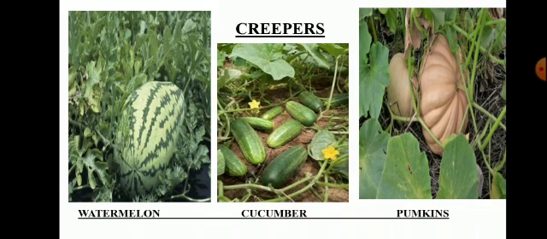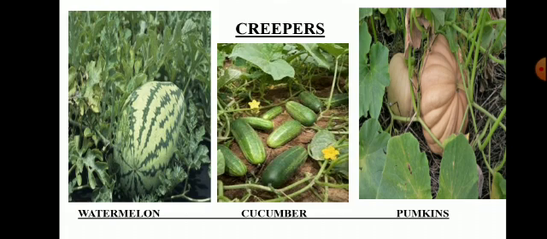Instead they spread on the ground, only on the ground, not straight. Some common examples: watermelon, cucumber, pumpkin. Watermelon, cucumber, and pumpkin are the best examples for creepers.